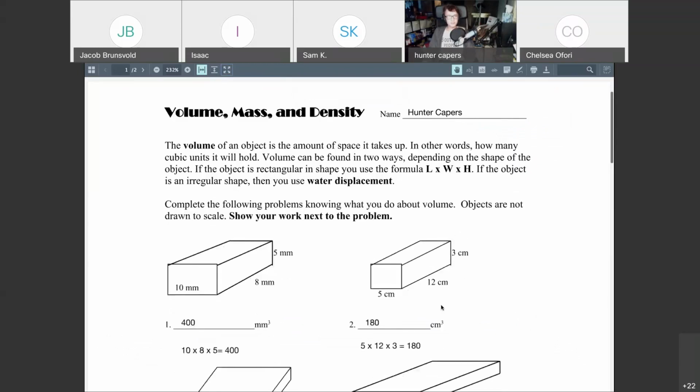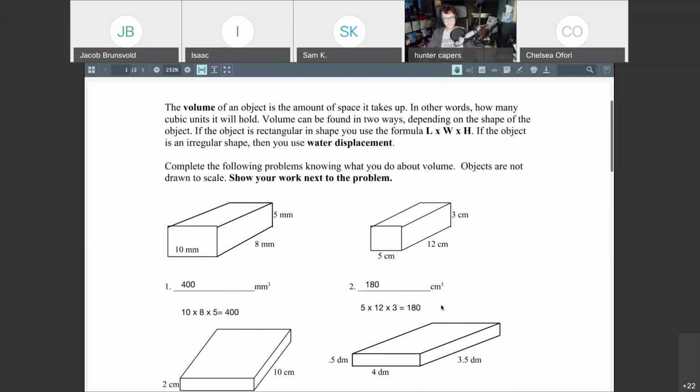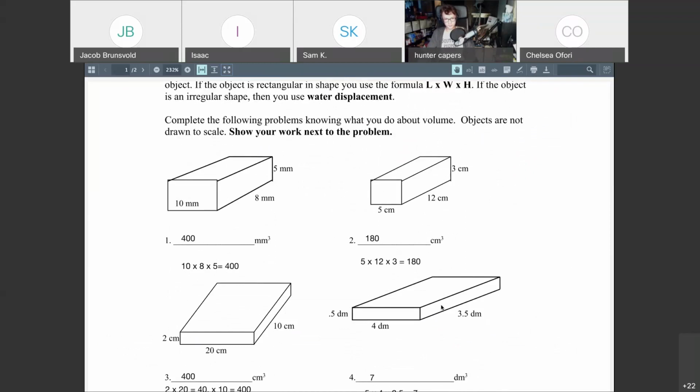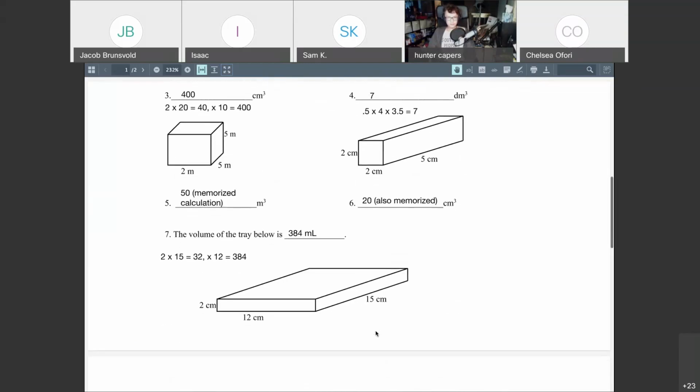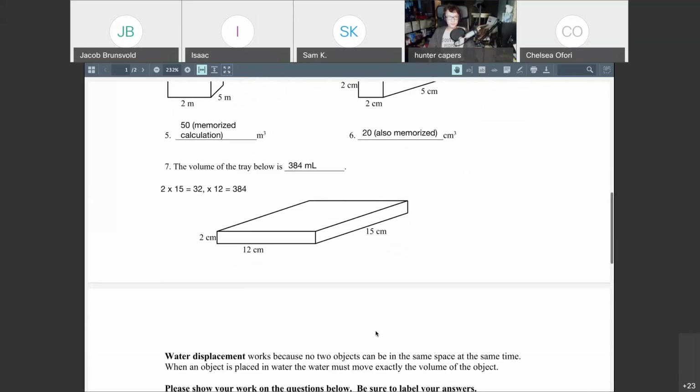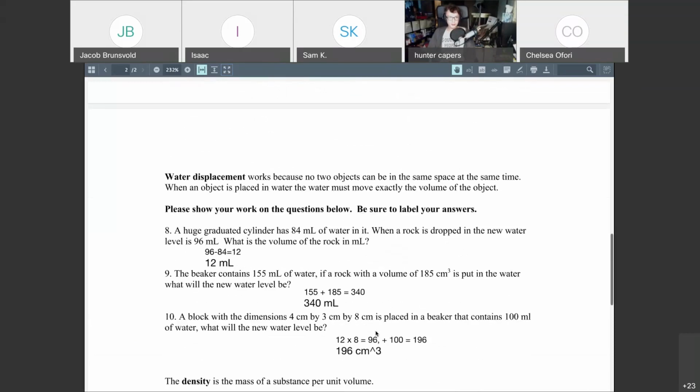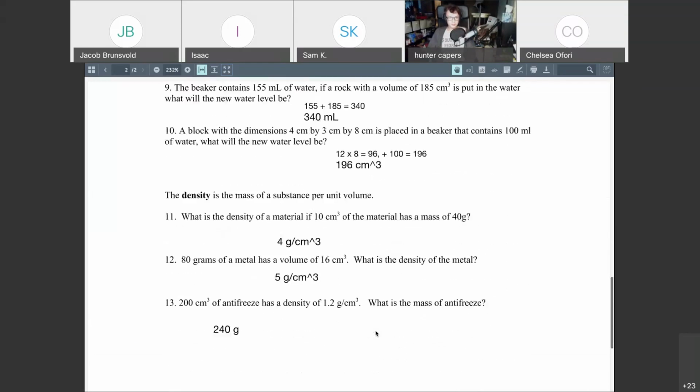Okay, so this is Hunter's submission. Oh, I see the units are... I didn't realize they already put all the units on here. Except for the last one. Except for the last one? Yep, which I did put on there. Okay, good. All right, looking good.